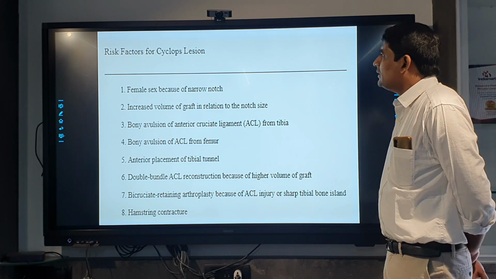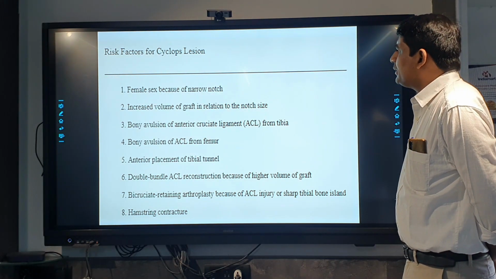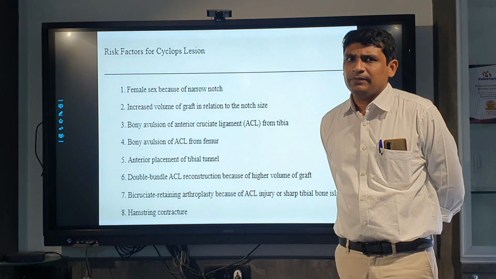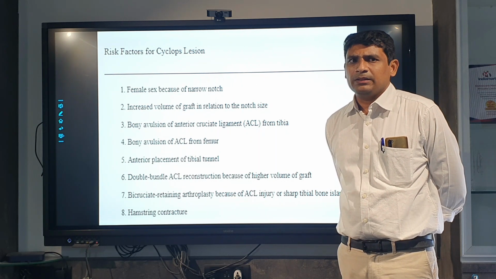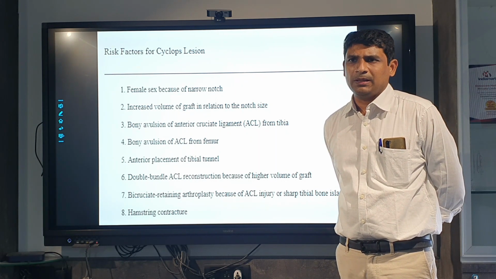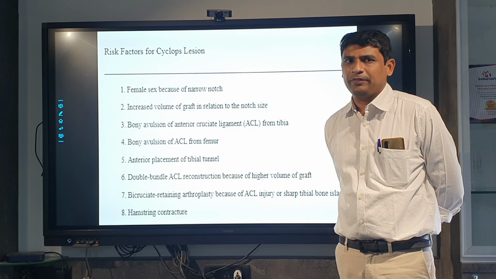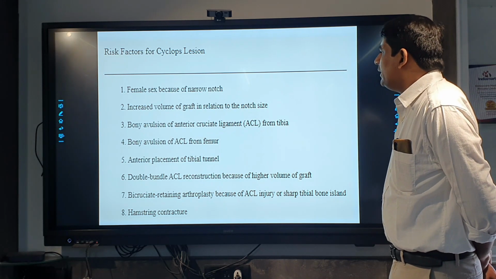The risk factors for a cyclops lesion include female sex because of a narrow notch, and increased volume of graft in relation to the notch size. We always look at the notch, and females usually have a narrow notch, so we should not hesitate to do a notchplasty when there is a narrow notch. This can lead to graft failure, and bony avulsion of the anterior cruciate ligament from the tibia.